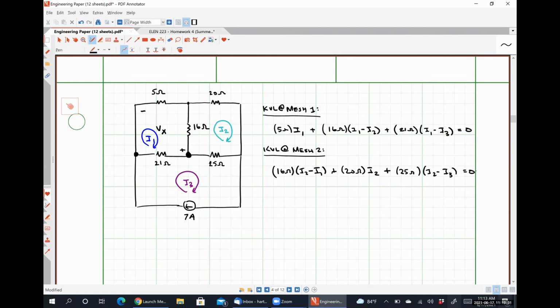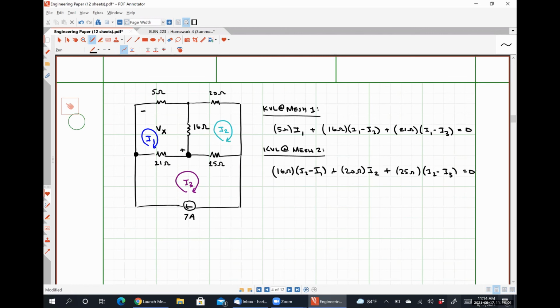All right. So if we tried to write a KVL equation for mesh 3, we would run into trouble because there's a current source in there, right? The problem we are going to face is that because the current source is on the perimeter of the circuit, there's really not a super mesh path that avoids us figuring out what the voltage drop across that 7 amp current source is.